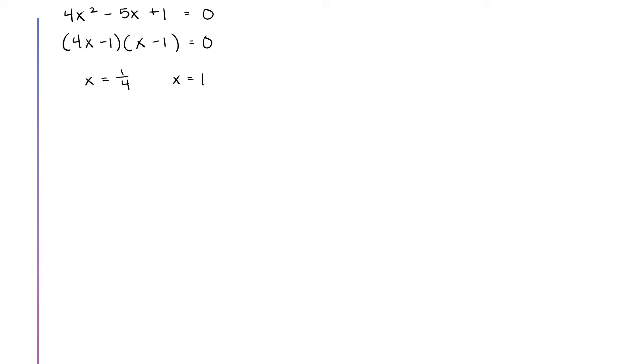So I'm going to rewrite what that original equation was over here. That was the square root of 5x minus 1 minus the square root of x, and it's supposed to be equal to 1. So I'm going to test 1/4 first.